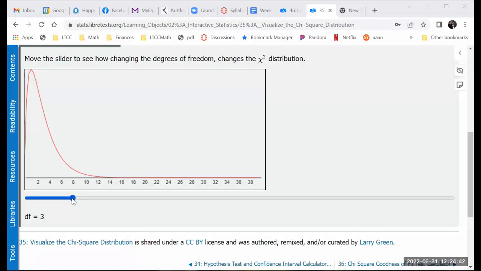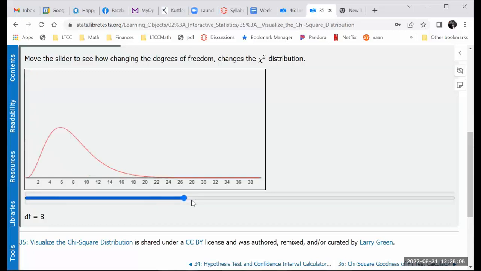So you can take the slider. I'm going to do that because you're just watching me, but you can do this also in the book. And this is what it looks like with 3 degrees of freedom. And you can see, hopefully you know by now, because this happened in the second chapter, this is a skewed right unimodal distribution. Do you remember that stuff? But if you make the degrees of freedom higher, it changes a bit, doesn't it?